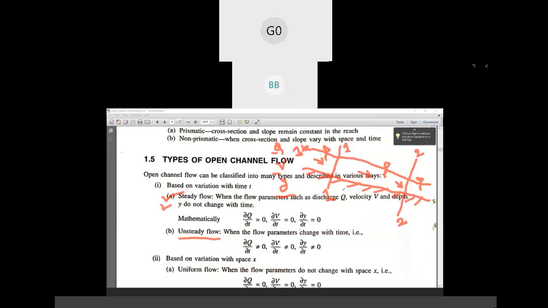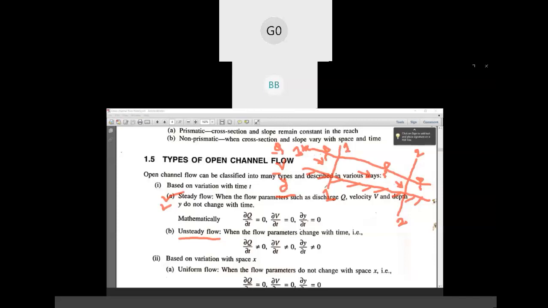It's very simple, so you don't have to memorize those things. You can draw a diagram and measure discharge, velocity, and depth of flow in the first section, and after some time, which may be 15 minutes, 1 hour, 2 hours, or 1 day, depending, you measure them again at the same section.